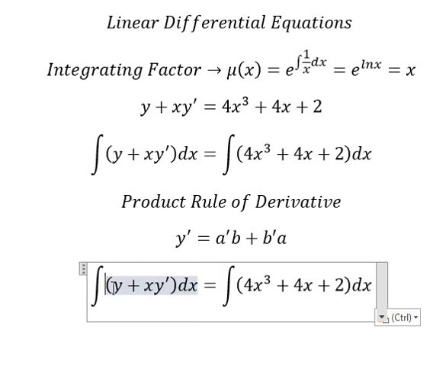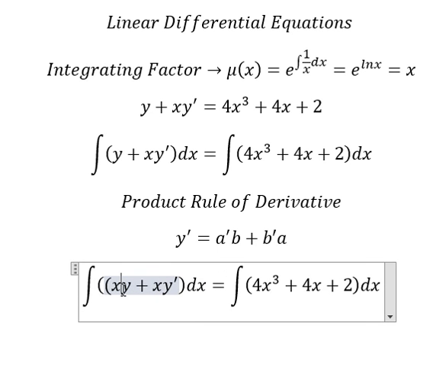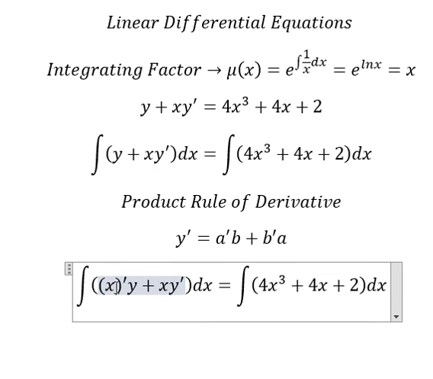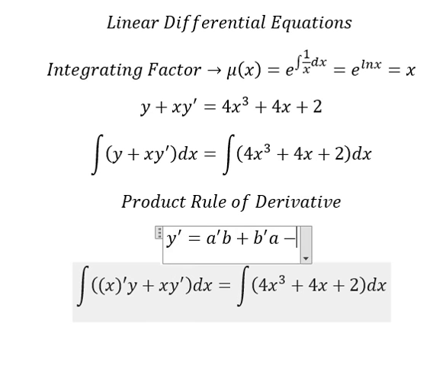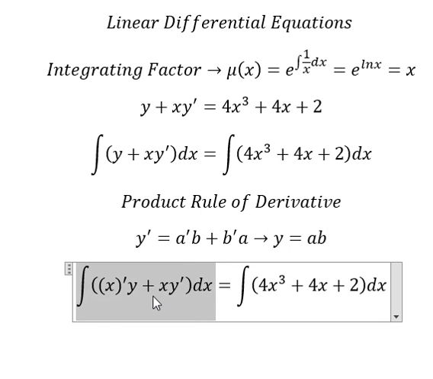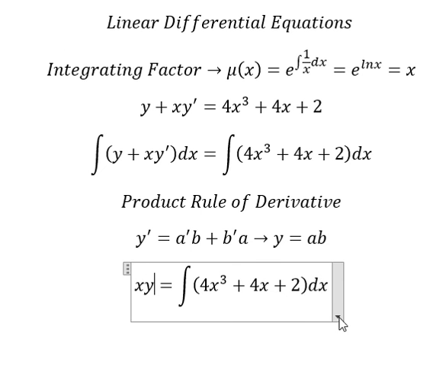So this one we have the first derivative of a multiplied by b. This one we have the first derivative of b multiplied by a. So the integration of this one, we have y equals ab. So the integration of that one, we have xy.